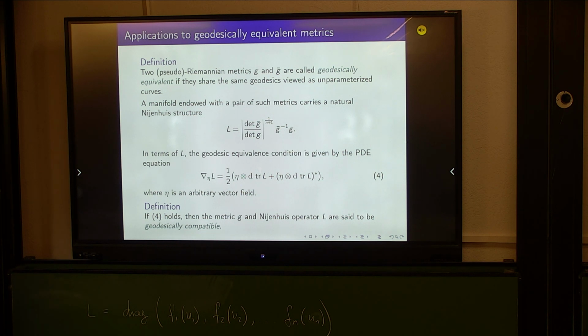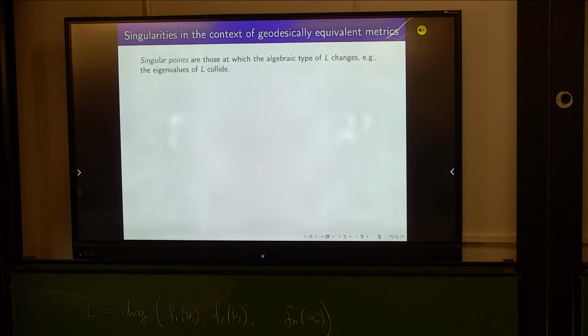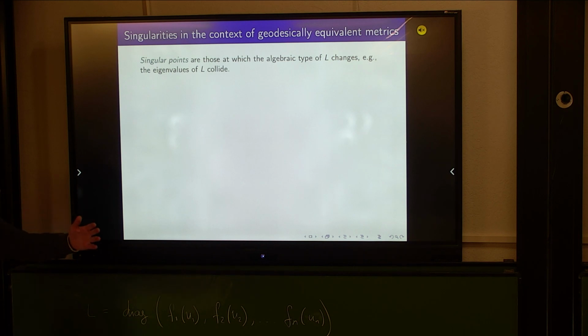Now the question: if you want to study geodesically equivalent metrics globally on a closed manifold, then you will have to deal with singularities. So what is a singularity? It's like in finite dimensional integrable systems.